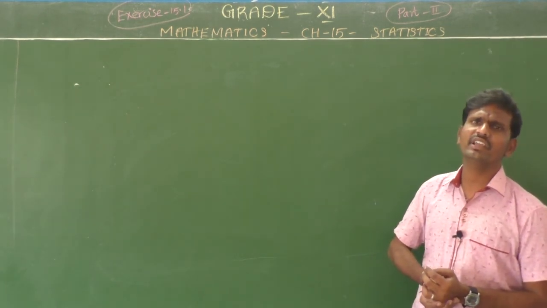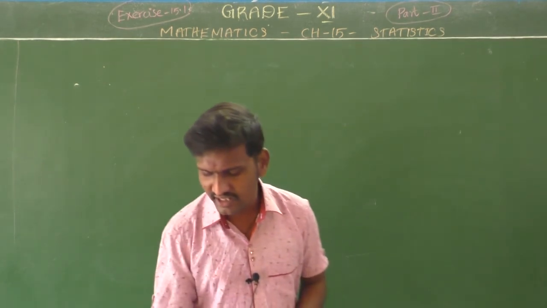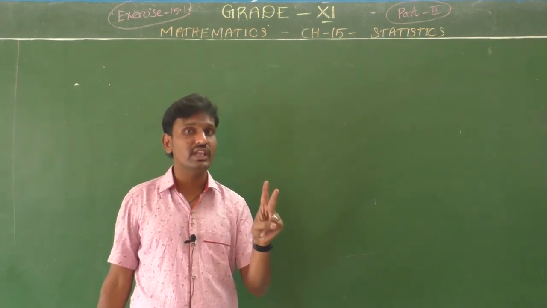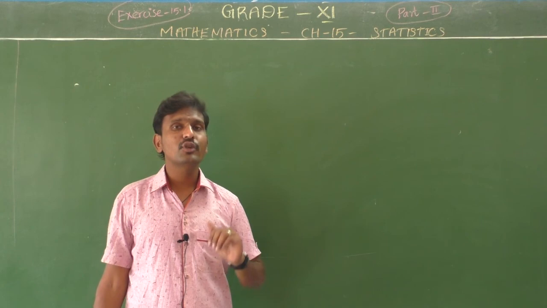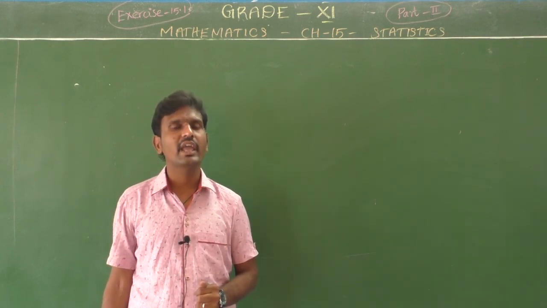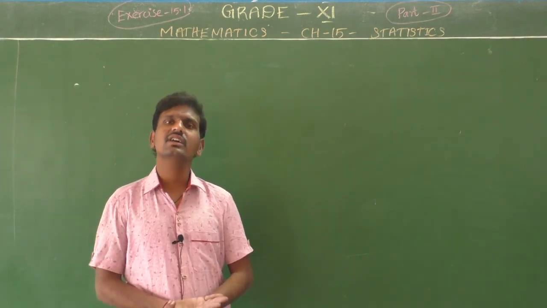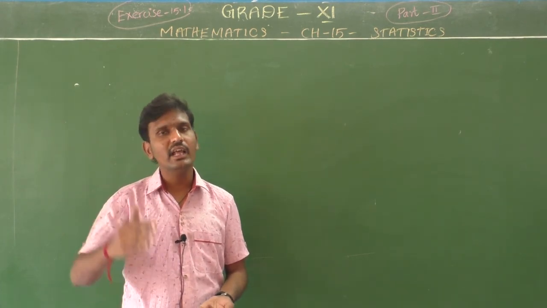For the mean deviation, the first step is to arrange the data. Before that, I want to differentiate two things: ungrouped data and grouped data. In your previous class we completed only the ungrouped data. Ungrouped data means the numbers are simply given. We arrange the numbers first and find the mean.